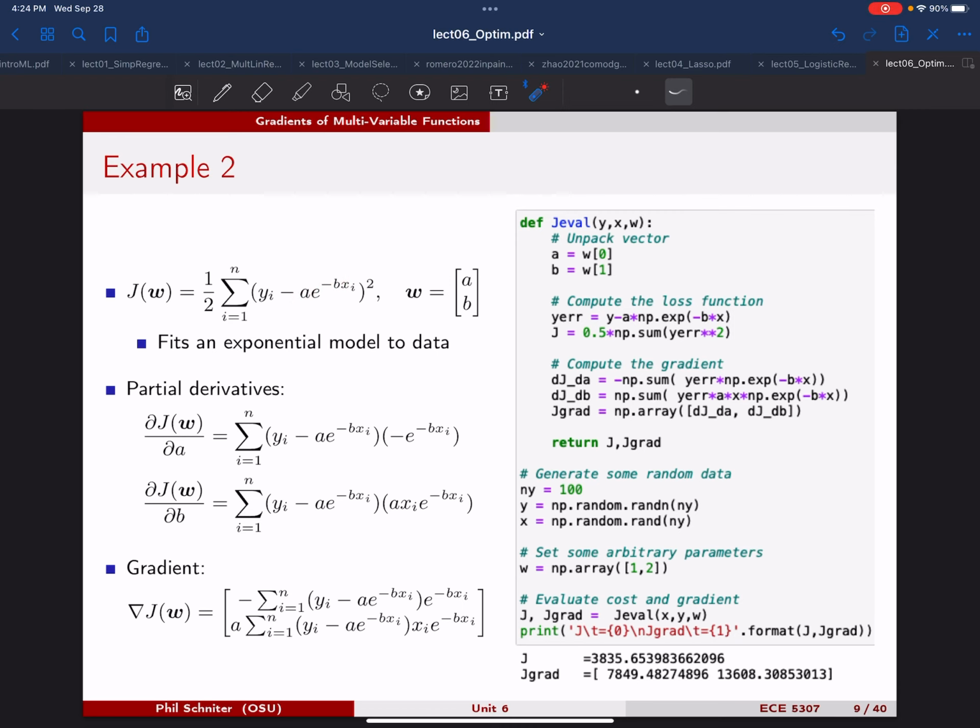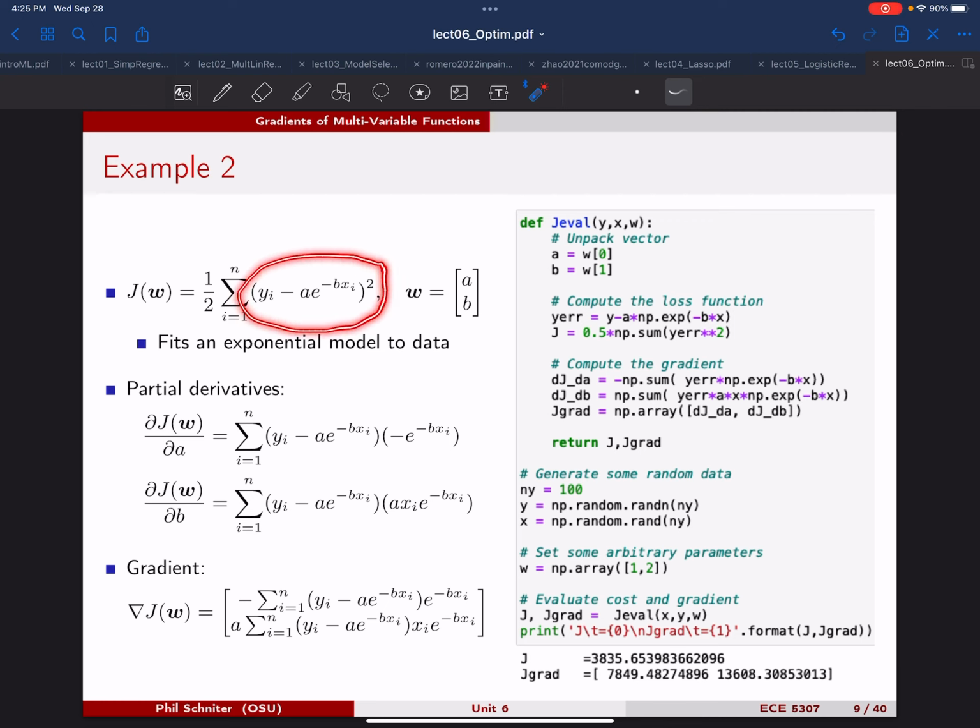So in order to do this, we essentially need to look at the gradient of J with respect to the parameters in w, so the partial derivative with respect to a. We would need to use the chain rule here. We can move our derivative through the 1/2 and through the sum, and then we take d/da of this.